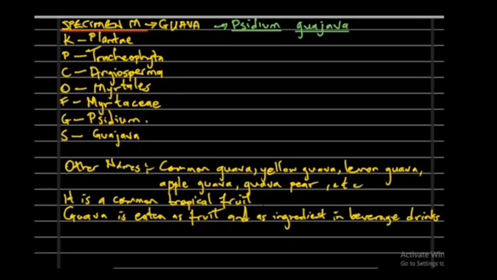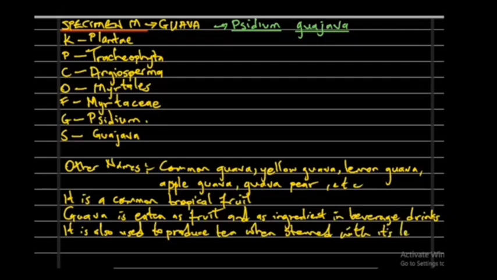Now it is also used to produce tea when it is steamed with its leaves. And it has a nice fragrance or aroma, if I may put it that way.